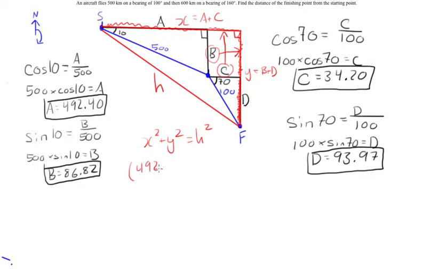So 492.40 plus side c, which is 34.20. If I square that and add that to side y, which is b plus d, so that's 86.82 plus 93.97, squared, this is going to be equal to h squared.